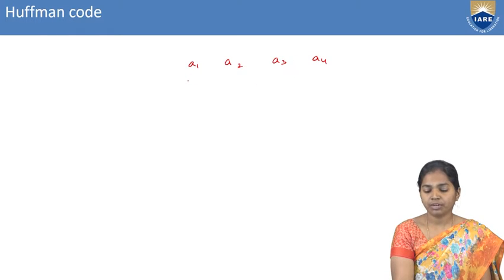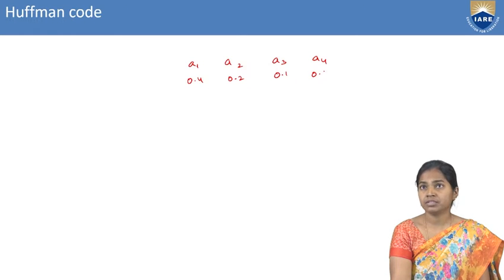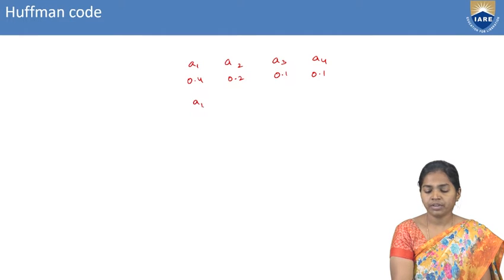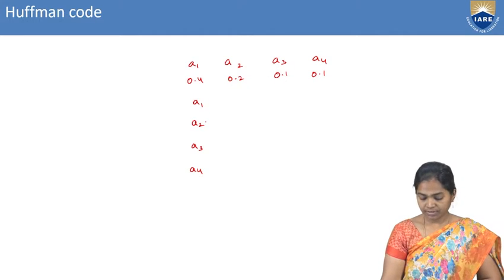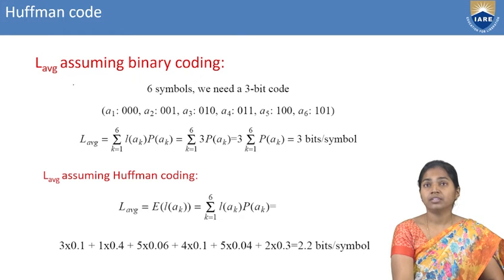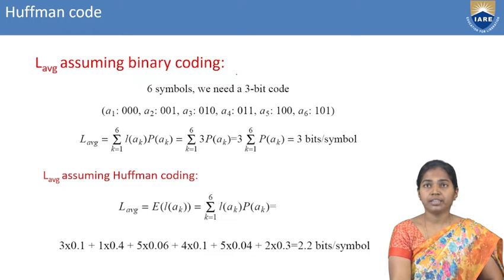The probability value for A1 is 0.4, A2 is 0.2, A3 is 0.1, A4 is 0.1. So write in descending order: A1, A2, A3, A4. In these probabilities, first we need to consider the average assuming binary coding.